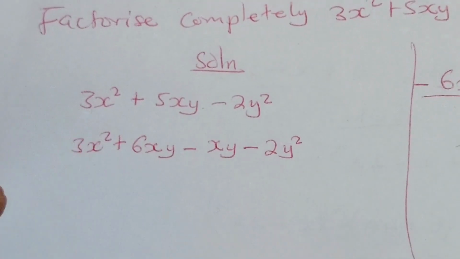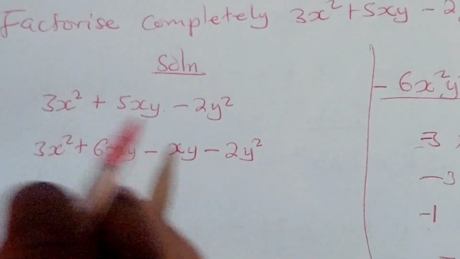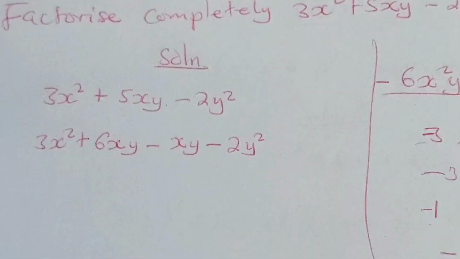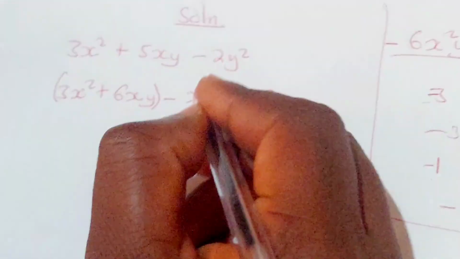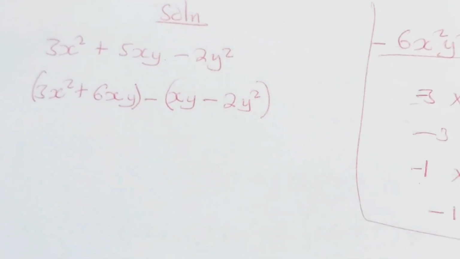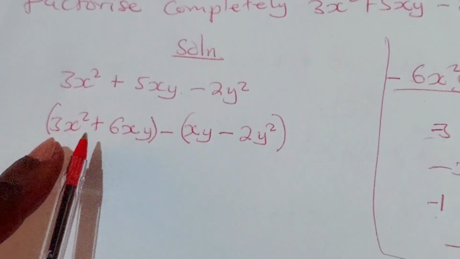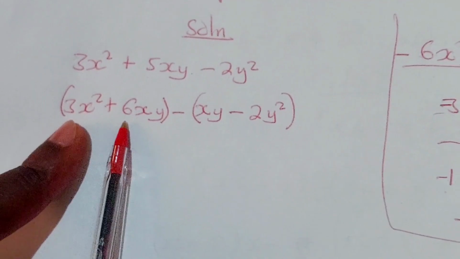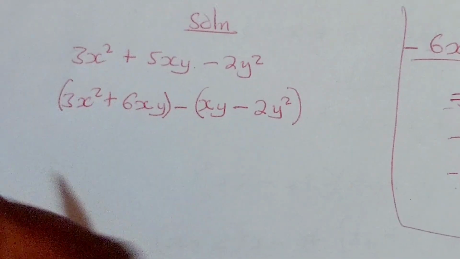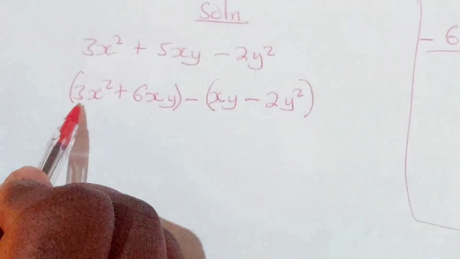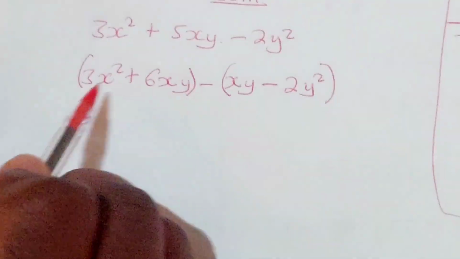Reaching this point, the next step is to group this expression into two groups. We are going to group them using the brackets. Now, we are going to factorize the first group on its own, then we go to the next group. To factorize, you are going to check the common factors.